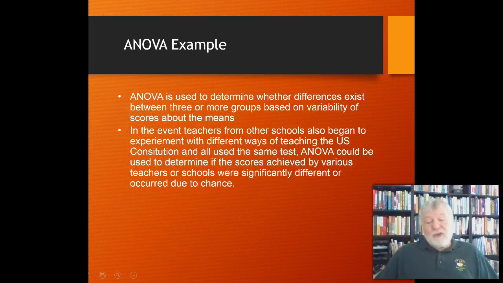Maybe somebody wants to use the flipped classroom approach, and somebody wants to use an online approach. Now we have a variety of different teaching strategies. We also have different class sizes, so the t-test is no longer good for us in order to determine whether the results that we get at the end of the course by using the same test are a result of chance, or if they are significantly different from one another. And that's what the ANOVA test will do for us.